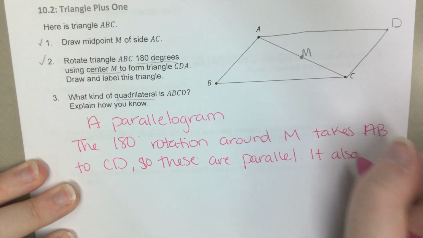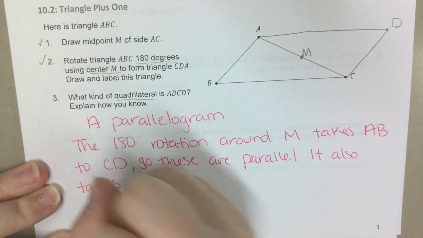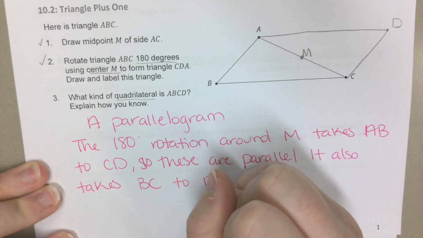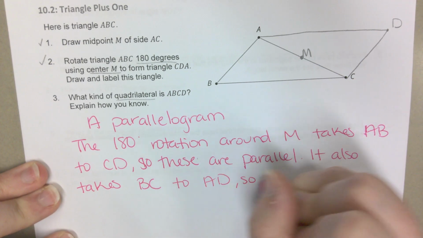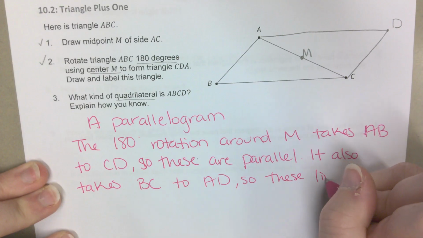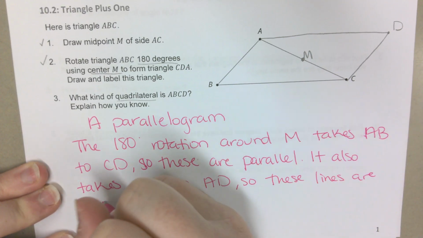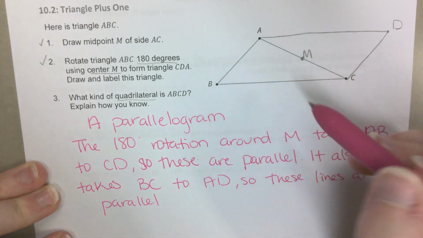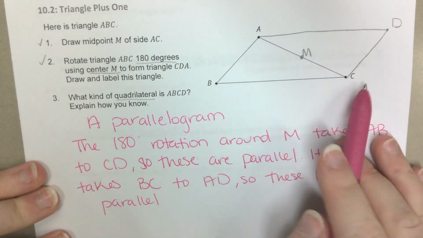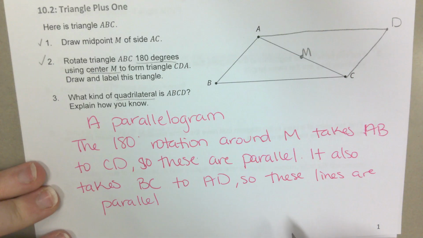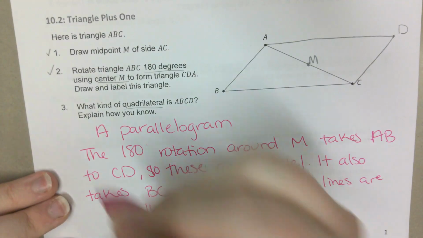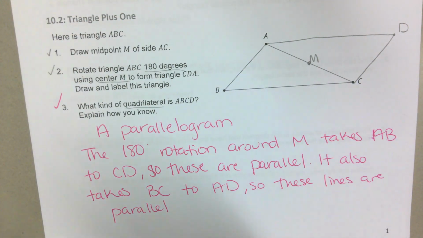It also takes BC to AD. So these lines are parallel. So whenever you have a line and it rotates 180 degrees, it is going to be parallel to the line right there. Okay, so it's still going to be side to side if you're using a center. All right, go ahead and flip over your page here.